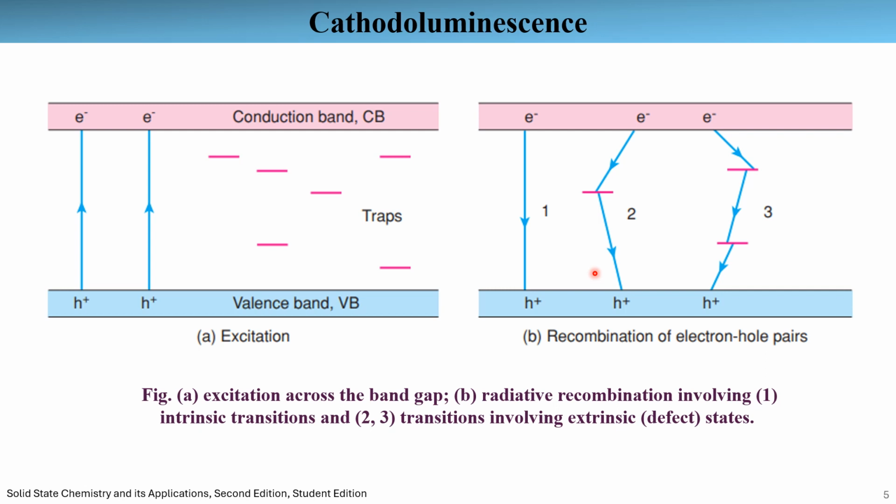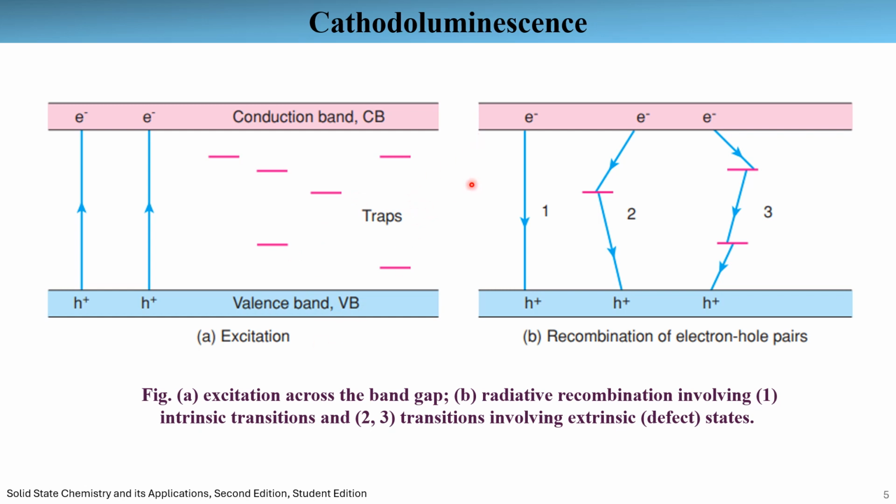When electrons are promoted to the conduction band, holes are left behind in the valence band, and the reverse process may be regarded as a radiative recombination of electron hole pairs.